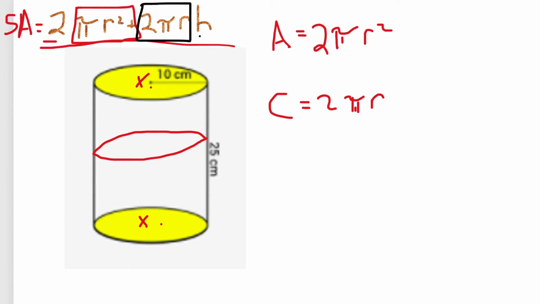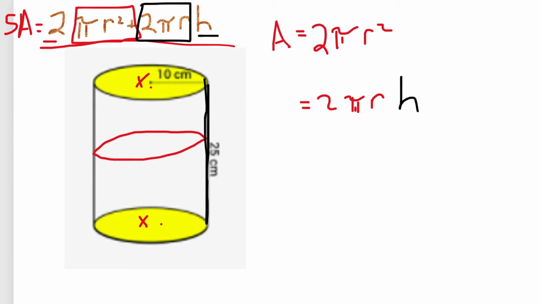The only difference is the height, and that is what makes it the surface area, because we are including the height of the whole thing. So that's where this comes from. Okay, I'm going to get rid of this because that is no longer circumference. So that's where this formula comes from.